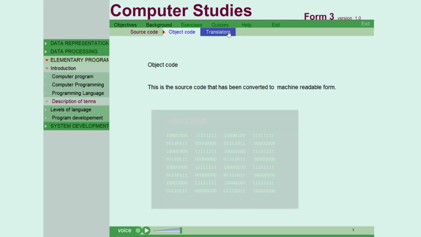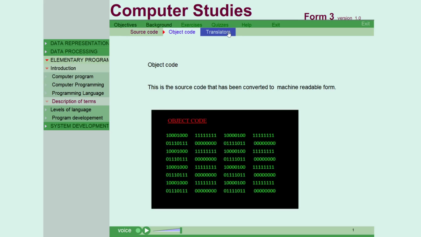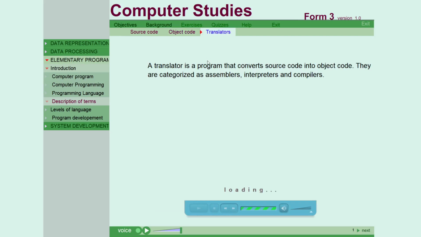This is the source code that has been converted to machine-readable form. Translators. A translator is a program that converts source code into object code. They are categorized as assemblers, interpreters, and compilers.